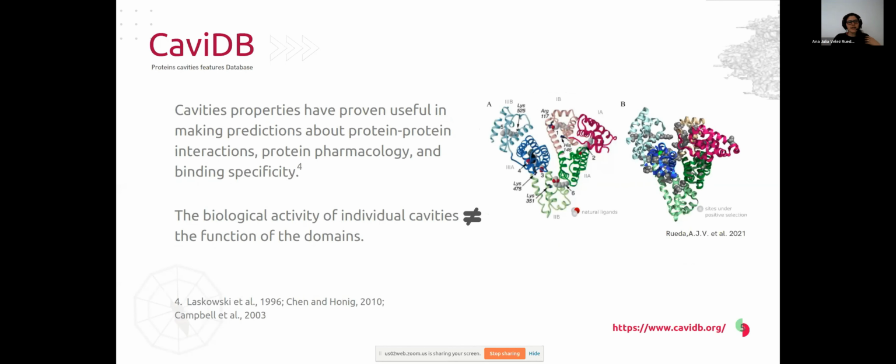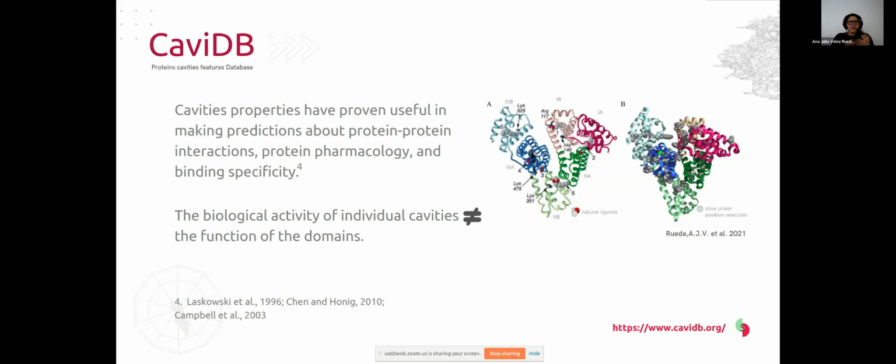Functional cavities are generally located within the protein domains, and the biological activity of those cavities may or may not correlate with the domain function. And the conservation of these cavities may also exceed the particular domain family.